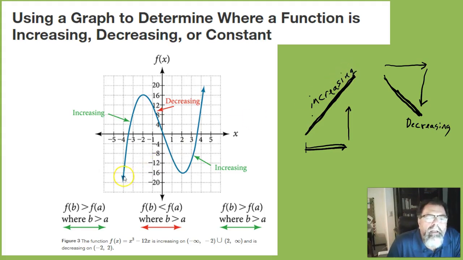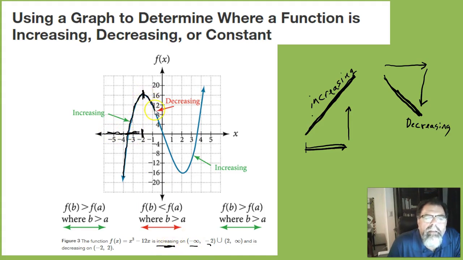So we start on the left. You see we're going up, up, up, stop. Now we're going down, down, down. So right here, there's a change. So this portion of the graph, now you just look at the x-axis. This portion of the graph from negative infinity to negative 2, it's increasing.